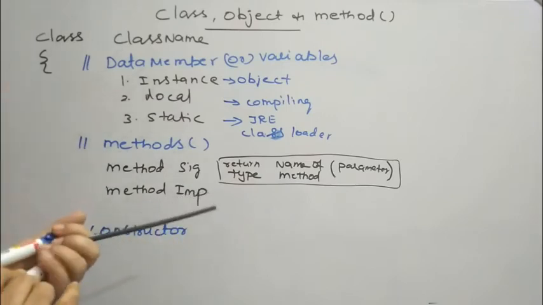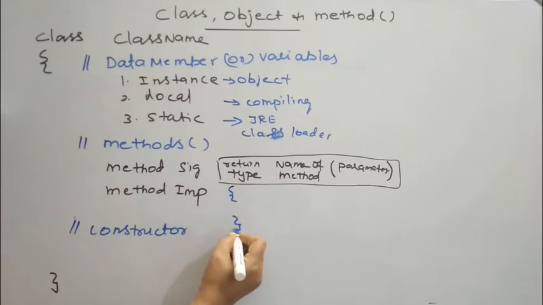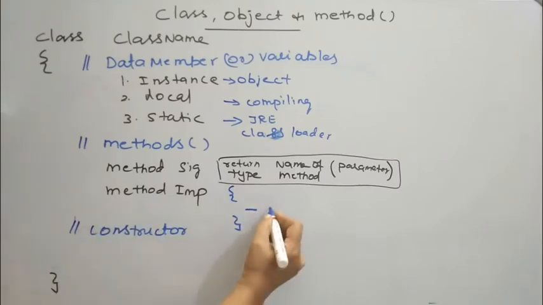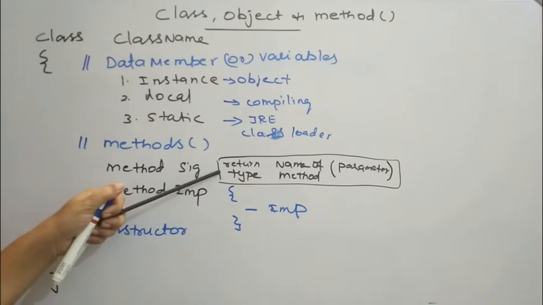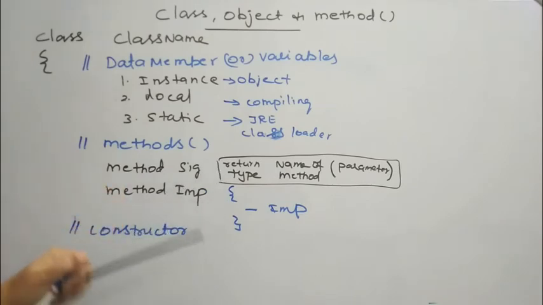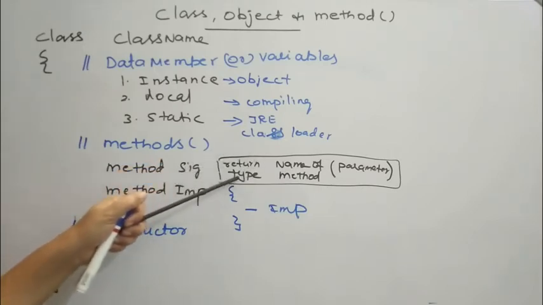Then comes the method implementation, which is the statements included between these curly braces. Every method defined inside a class will contain a method signature and implementation. Basically, a method represents functionality. In the method signature, we specify the return type.